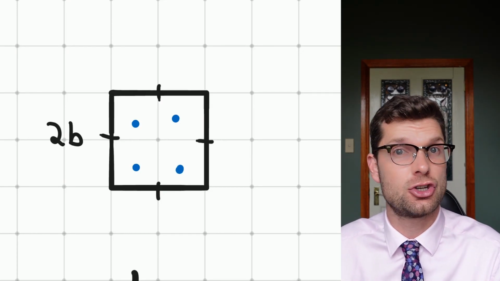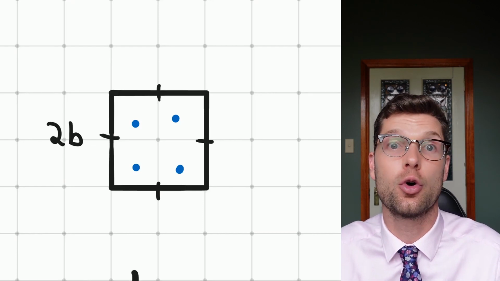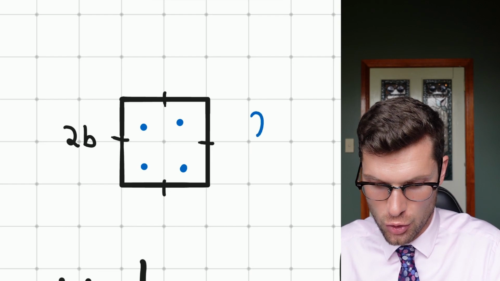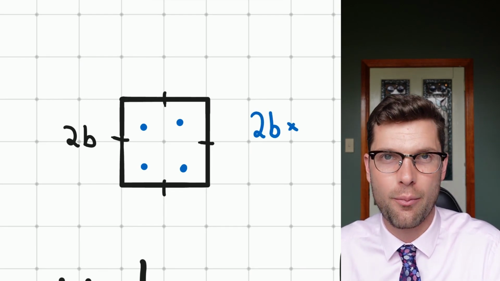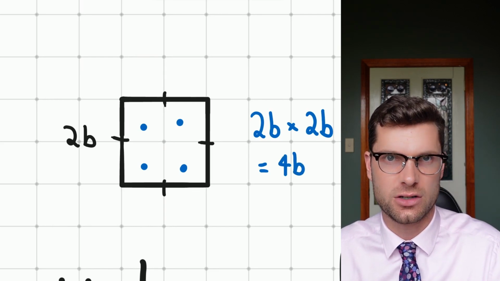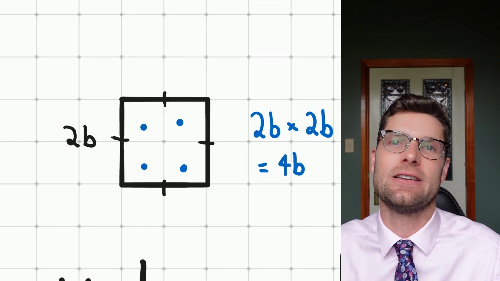So instead of having just 2, I've got 2 times by 2, or 2 times by itself. So the area of this square is those 2 boxes multiplied by the 2 boxes. So I end up with 4 boxes. And that is a really simplified look at how these actually work.